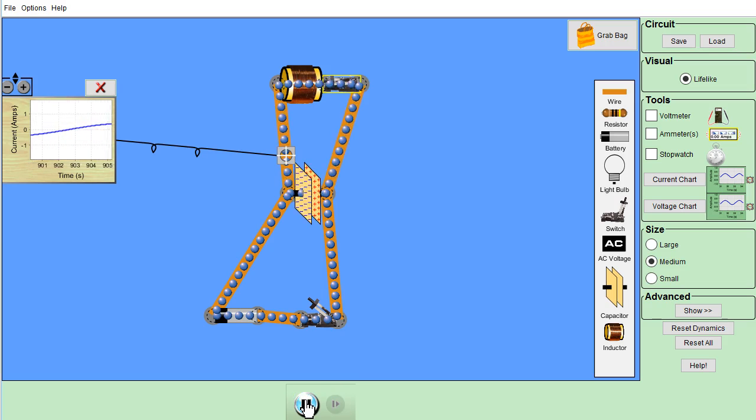As this is discharging, there's a spot here where I just missed it, where the capacitor is not charged at all. So the capacitor is not pushing anything anymore. At this point, the magnetic field, which was being built by the current flowing through, now has to collapse because there's no more push coming in to keep it up.